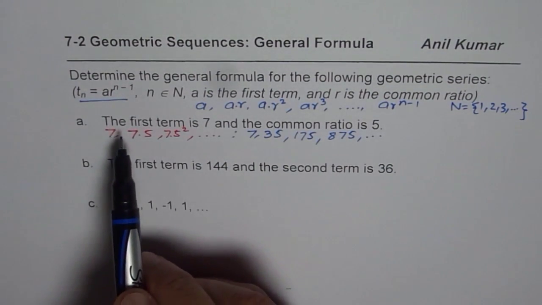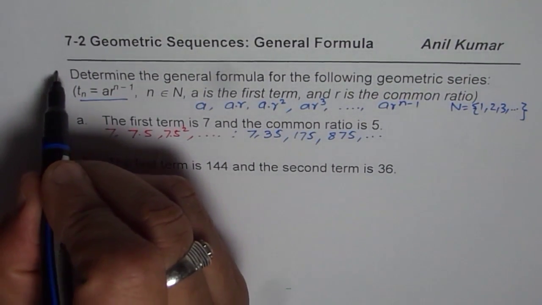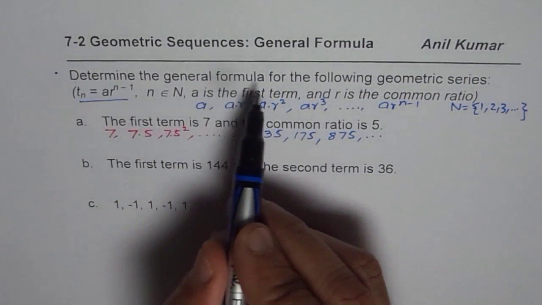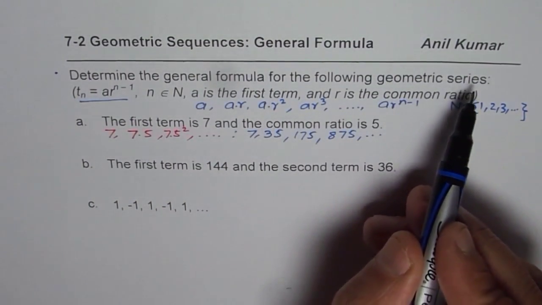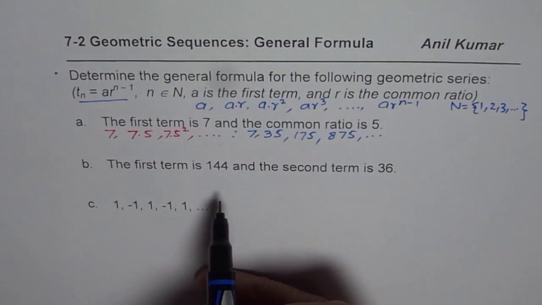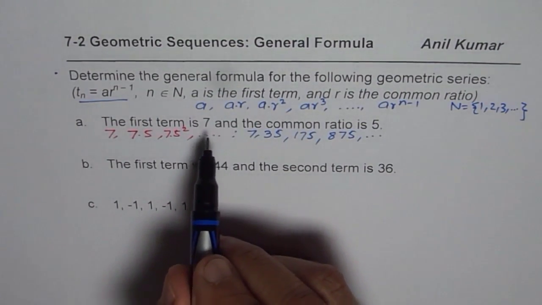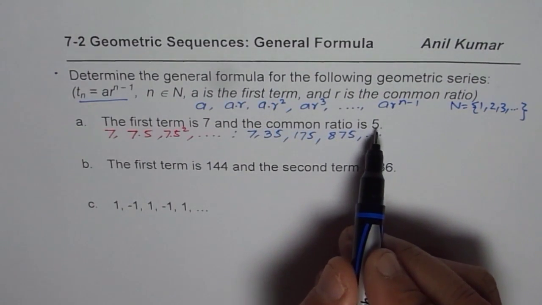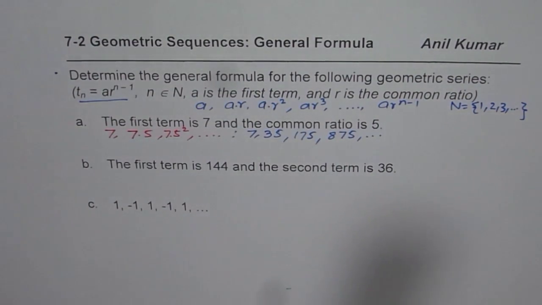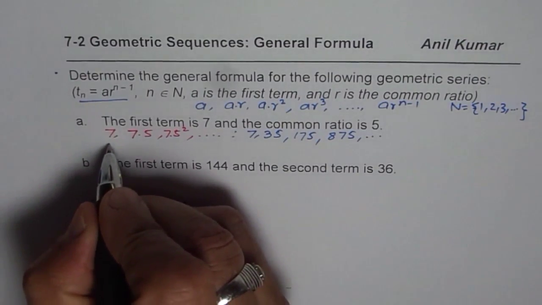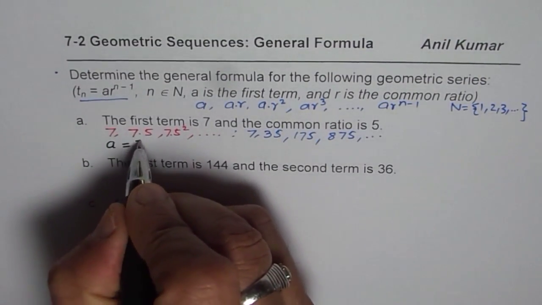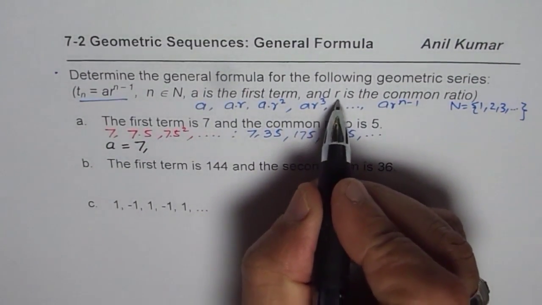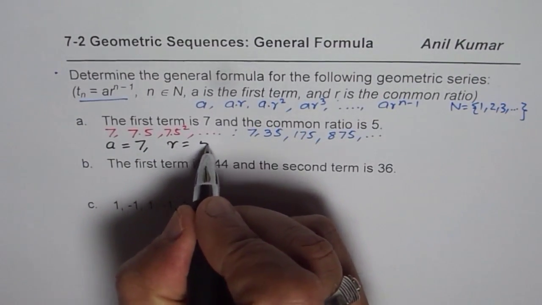Now, let us answer the question: determine the general formula for the following geometric series. It is a geometric series where the first term is 7 and the ratio is 5. So the first term a is 7 and the common ratio r is 5.